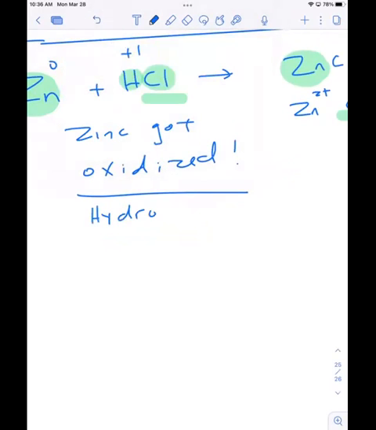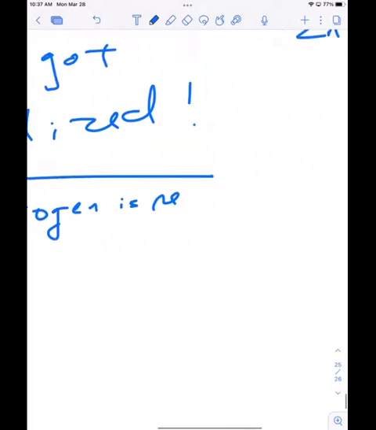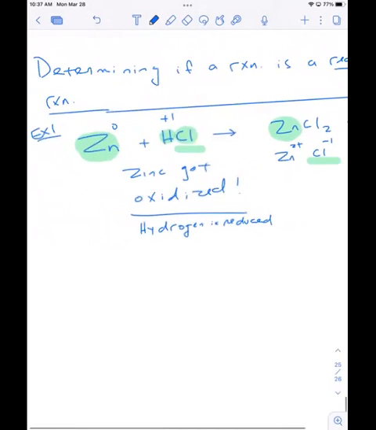This is a concurrent, or concomitant, process. When oxidation happens, so does reduction. So hydrogen is reduced. Chlorine has the same charge on both sides, -1.